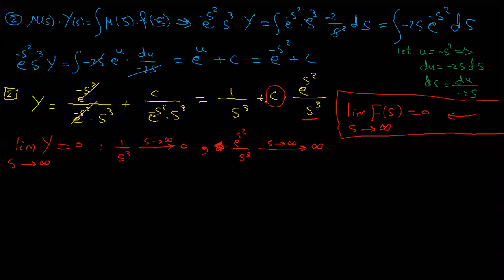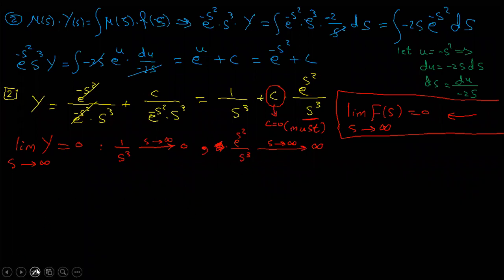Could you please tell me the value of C which will cancel this term? C equals 0. Why? Because I need the limit to be 0 and this one is infinity. I'm going to choose my C to be 0.